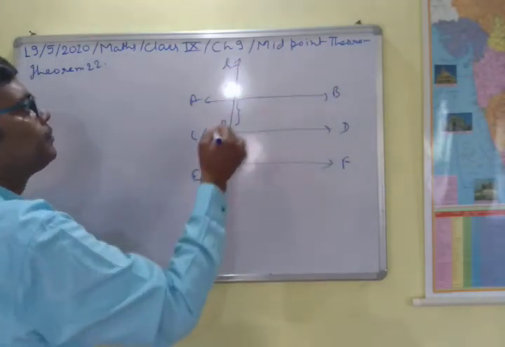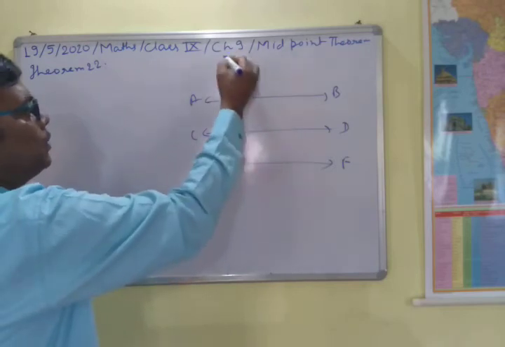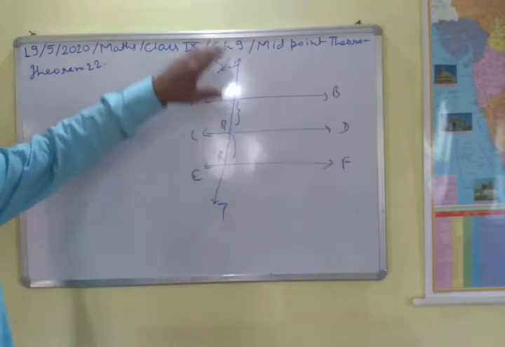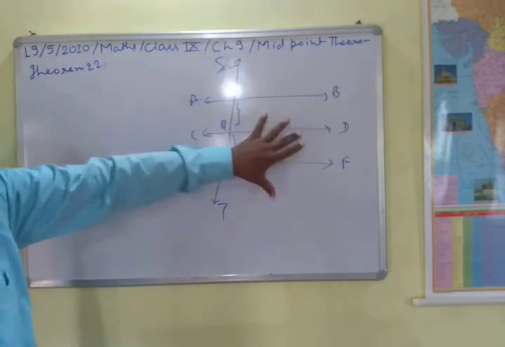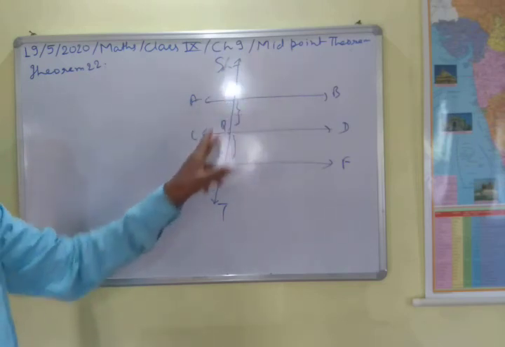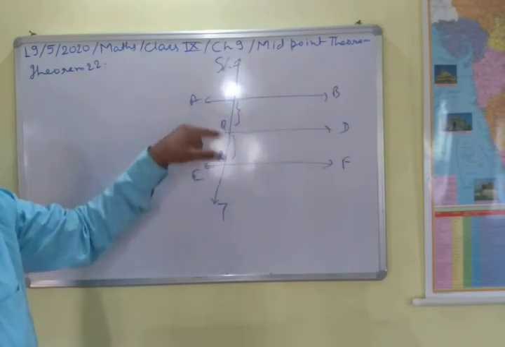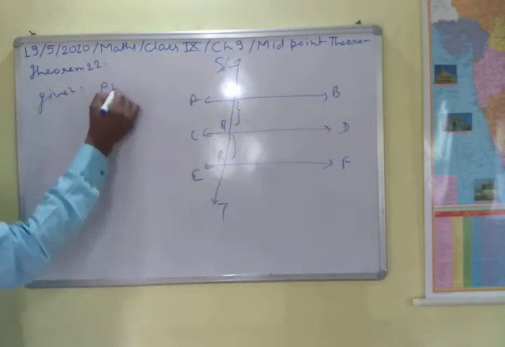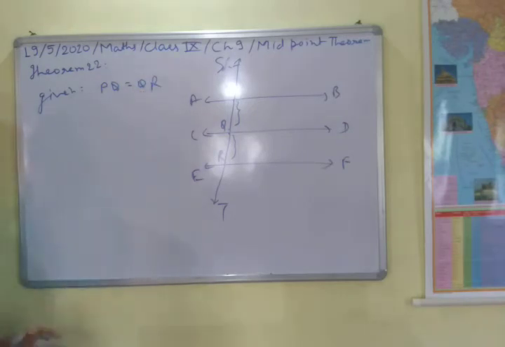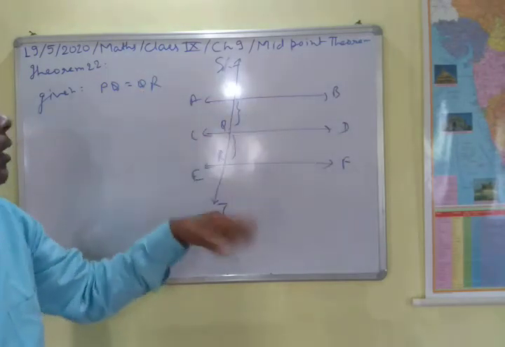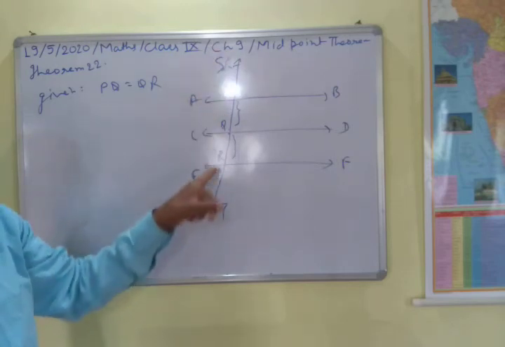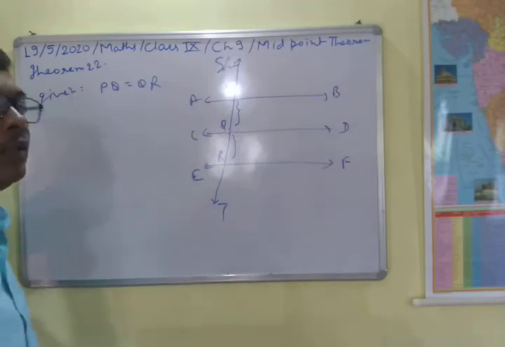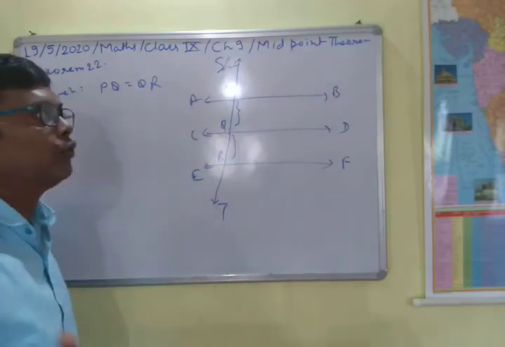This is the transversal, and on this transversal these three parallel lines make intercepts PQ and QR, and we are given that PQ equal to QR. That is, these three parallel lines are making equal intercepts on this transversal. Then these three parallel lines will also make equal intercepts on any other transversal.